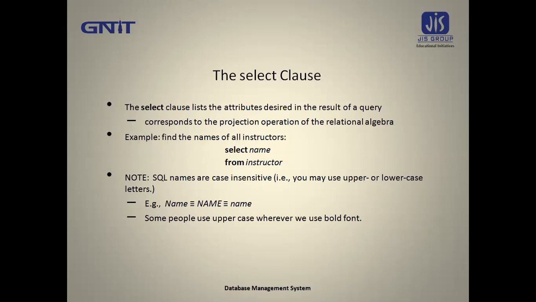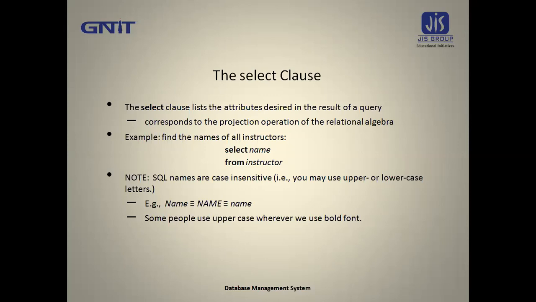So we will look at some examples. Suppose the question is finding the names of all instructors. So from your institute, I want the names of all instructors to be displayed. The command is select name from the relation name, that is instructor.